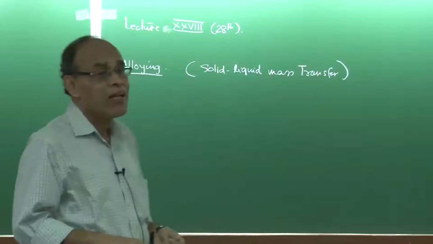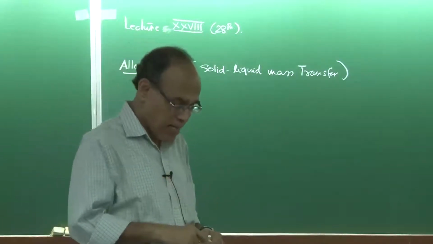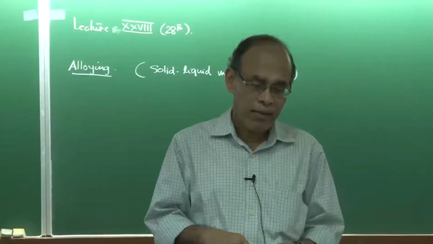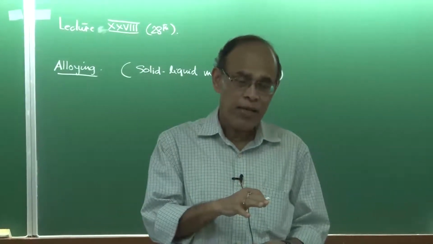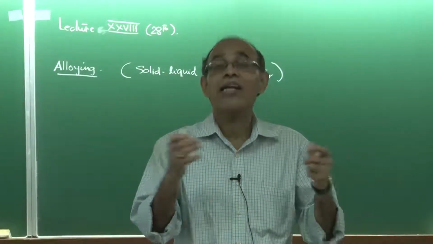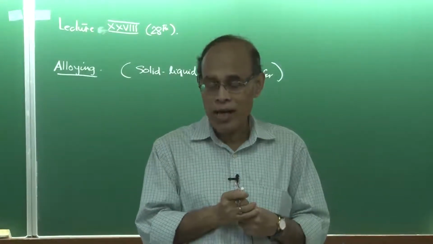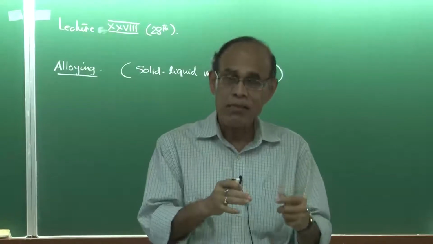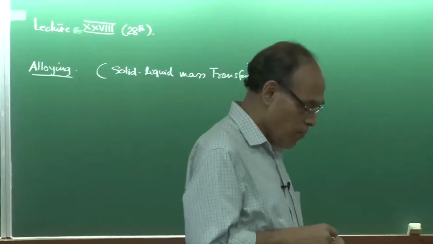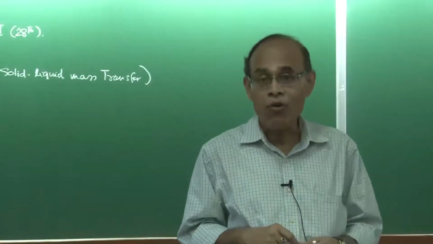Now, certain alloying elements will melt in steel, and I have already given you that basic background. When the melting point of the alloying addition is smaller than the bulk liquid temperature, then the melting phenomenon is going to be encountered. And when the melting temperature of the addition is higher than the bulk temperature, in that case there is no melting involved, there is dissolution.